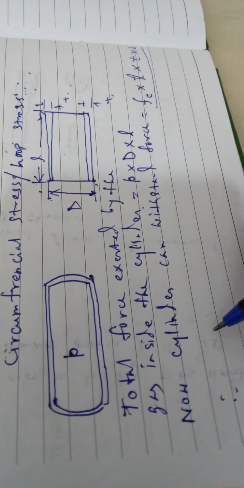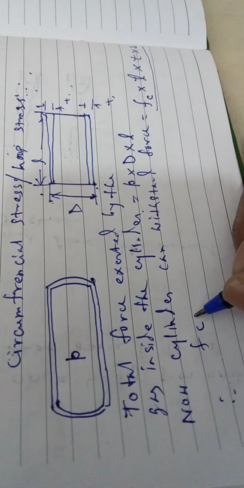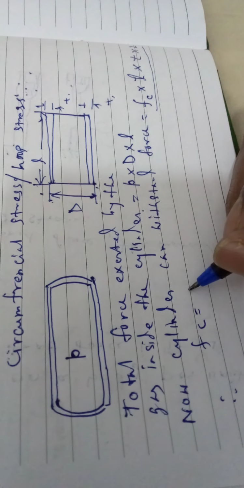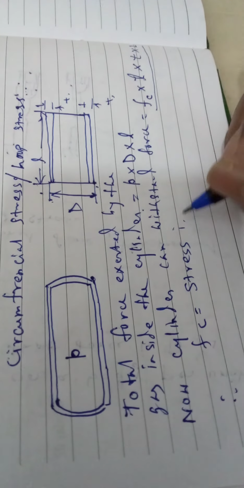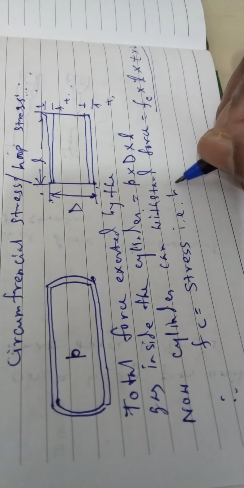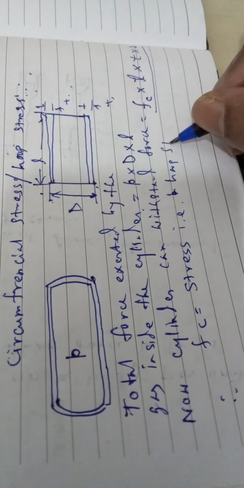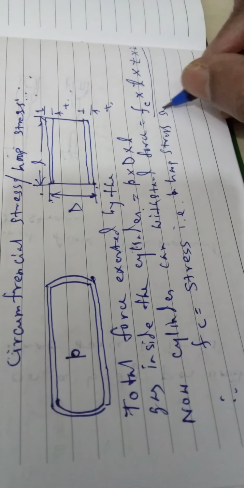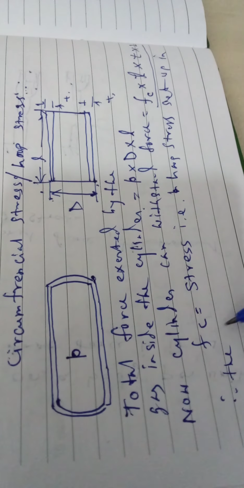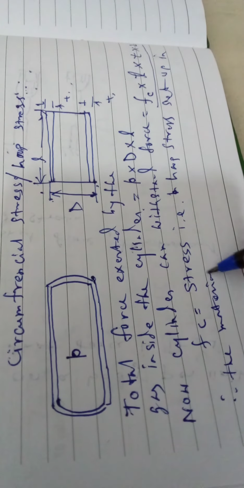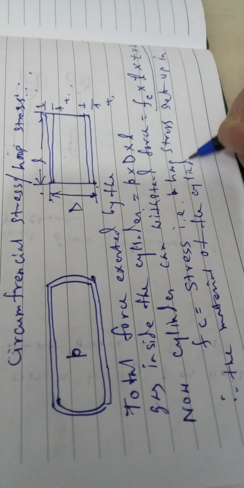Therefore, Fc here is equal to the stress, that is the hoop stress set up in the material of the cylinder.